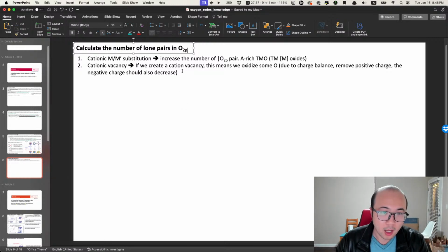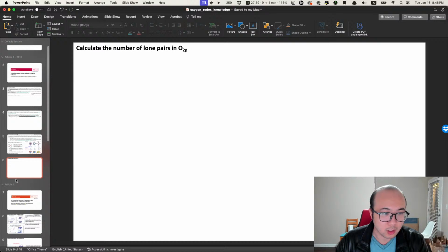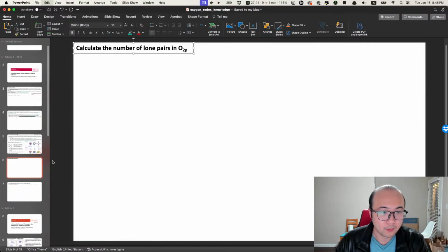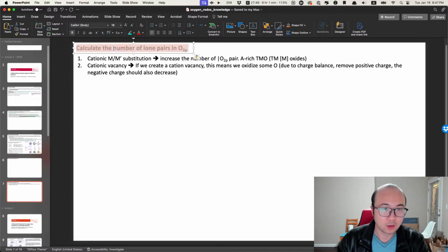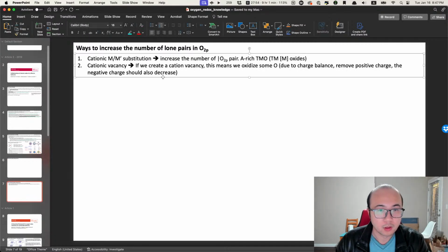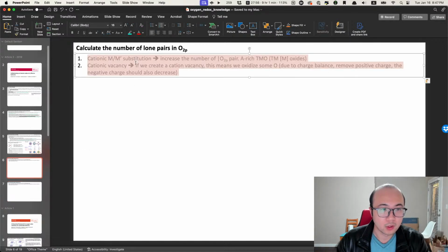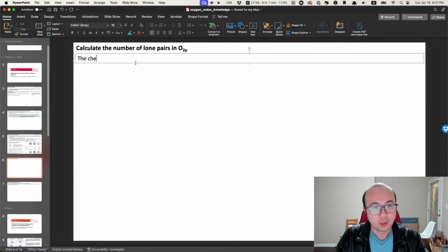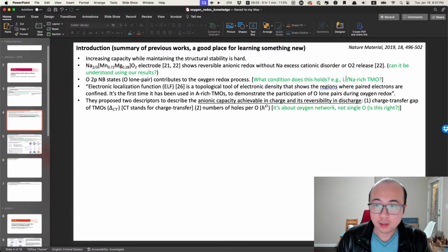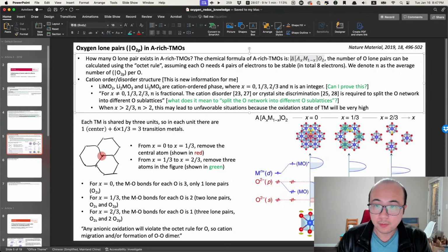All right, how do we think about this problem? It is to increase the number of... The chemical formula for this is, let's see, this one.